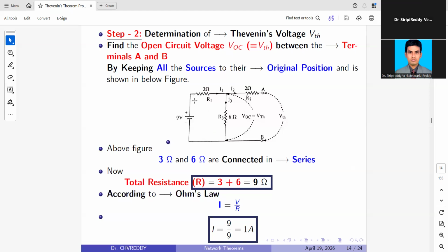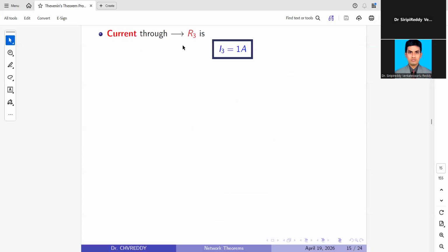Whatever current is passing through R1, the same current is passing through R3 also. Why? Because R1 and R3 are connected in series. So the current through R3, that is I3, equals 1 amp.